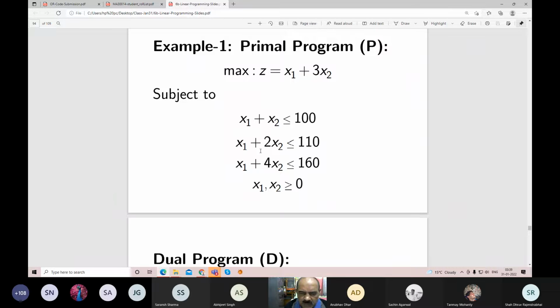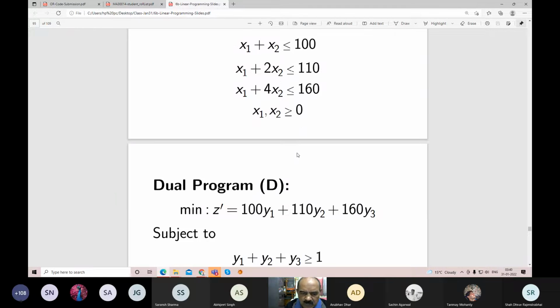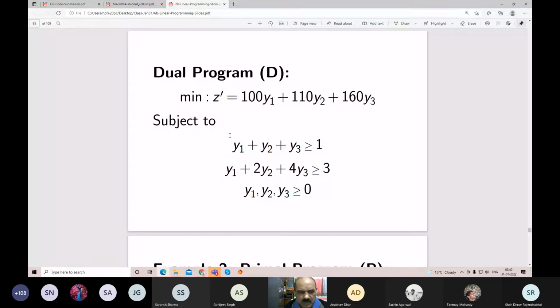And our dual program, see the dual program: minimize z dash equal to 100 y1 plus 110 y2 plus 160 y3, subject to y1 plus y2 plus y3 greater than equal to 1, y1 plus 2y2 plus 4y3 greater than equal to 3, y1, y2, y3 greater than equal to 0. Okay, the primal and dual.